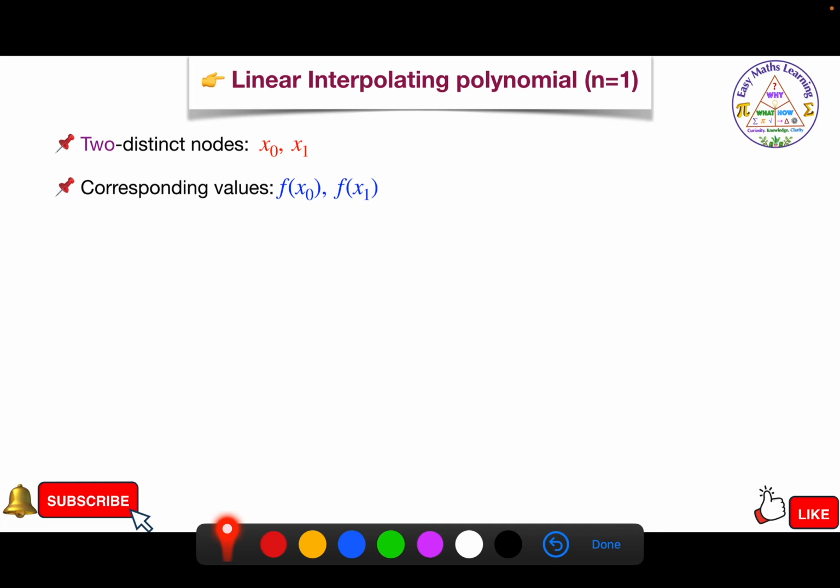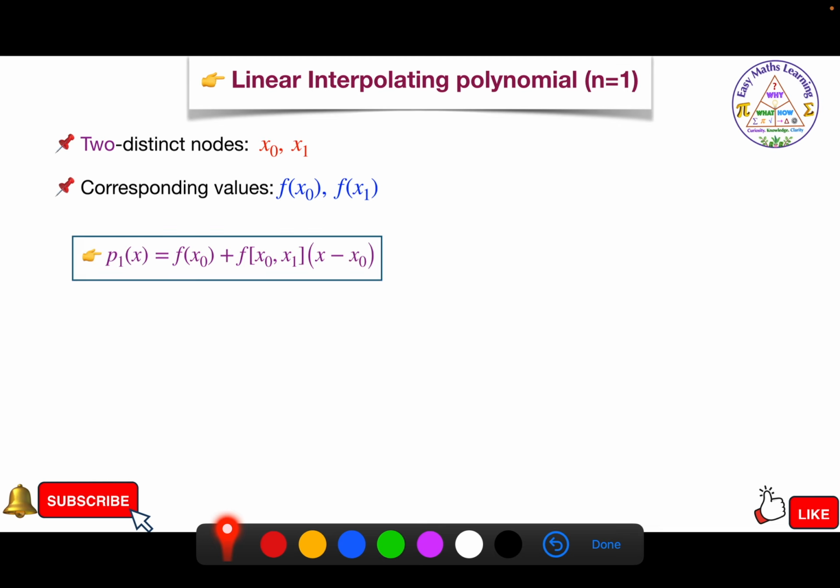For two nodes, Newton's polynomial will be of degree 1, which is defined as p1(x) equal to f(x0) plus first order divided difference times (x minus x0). Now substitute the expression for first order divided difference, that is (f(x1) minus f(x0)) divided by (x1 minus x0). We get p1(x) equal to this expression.